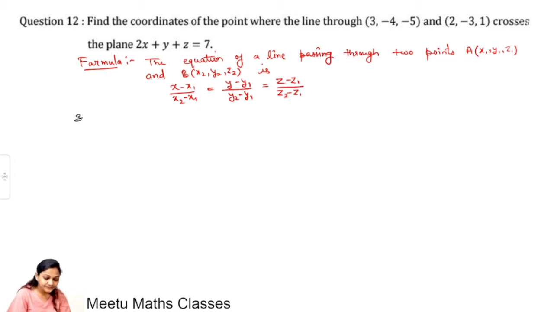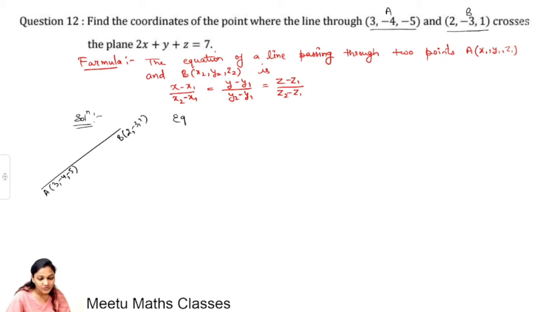So your line is passing through these 2 points. Let this point be A and this point be B. Your A point is 3, minus 4, minus 5 and B point is 2, minus 3, 1.